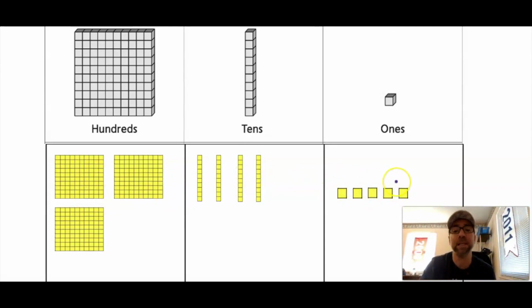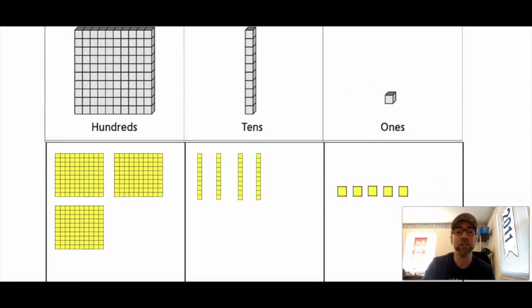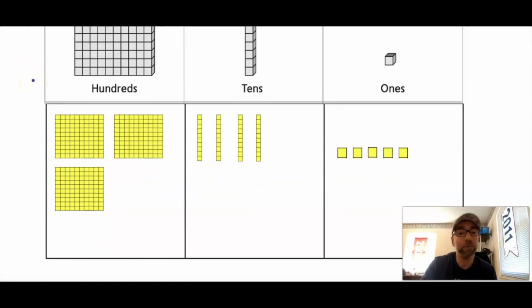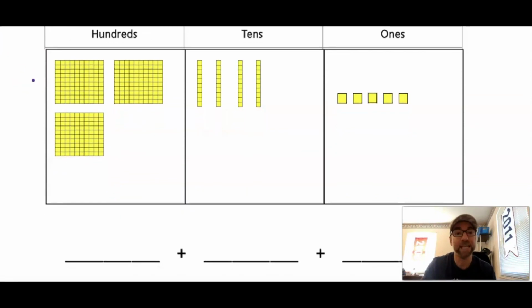And the cubes in the ones place, just some simple dots. Hit that pause button while you finish the drawing for this problem. All right, hopefully you drew exactly what you see, because now we have to count it all up.